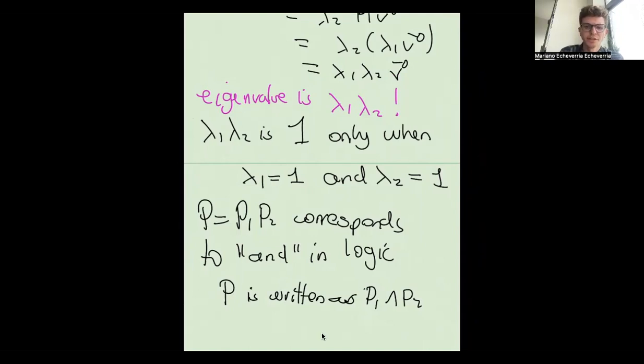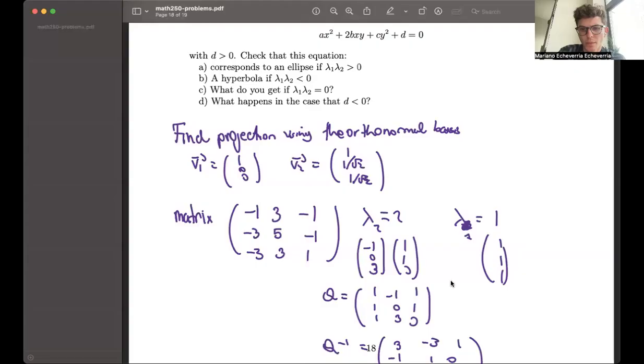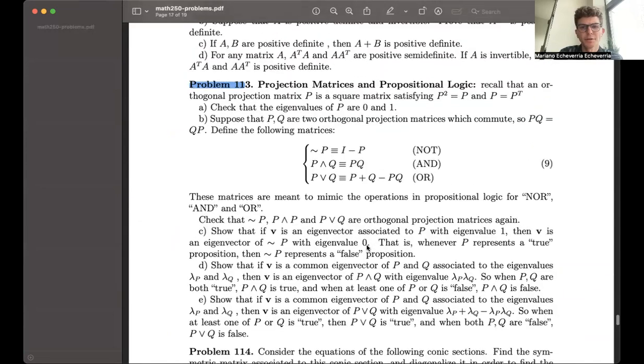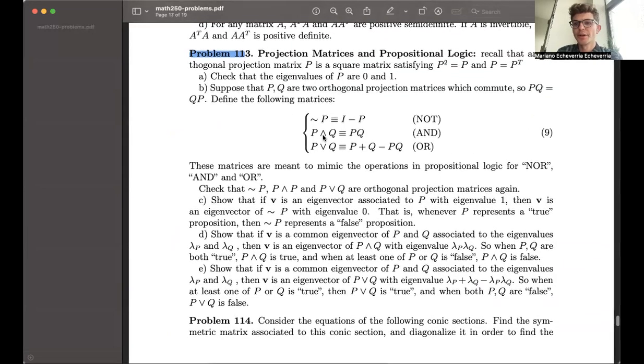So let me see if I can share this thing quickly. Right. So if you go back to the PDF, there's an operation for OR, which is a little bit more complicated to build using matrices, which is P plus Q minus PQ. And here again, you have to assume that the matrices commute.